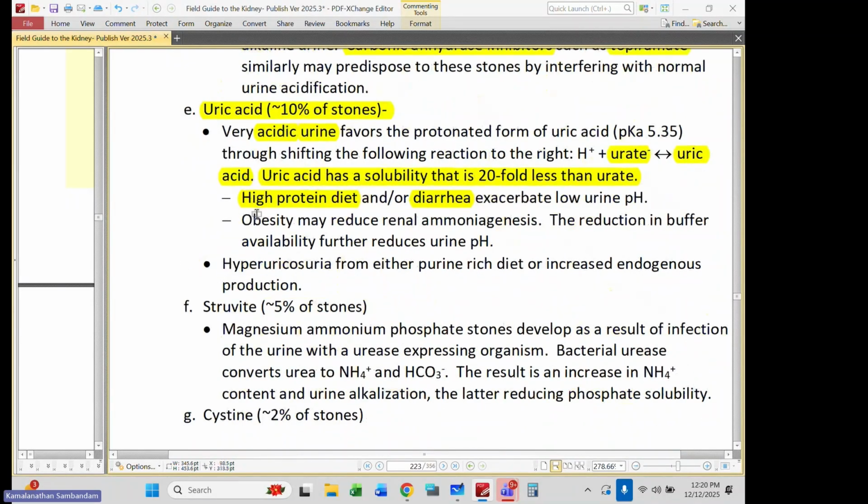All right. Obesity is another main factor for the uric acid stone. And some of that basic science has been done at UT Southwestern, where in certain patients, as well as animal models of obesity, you can see disorders of ammonia handling in the proximal tubule.